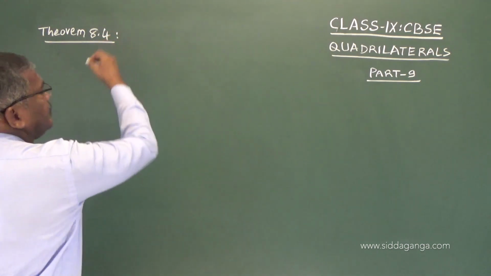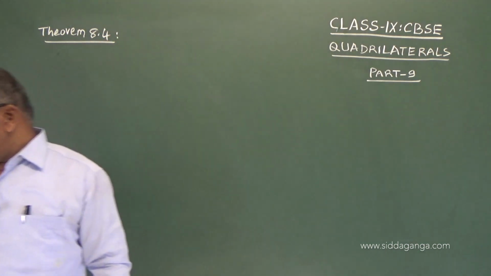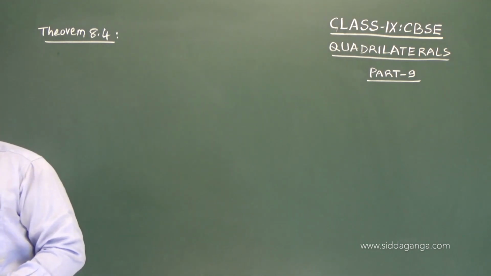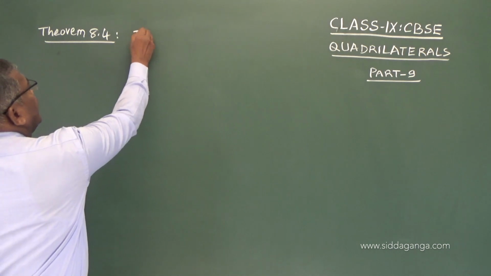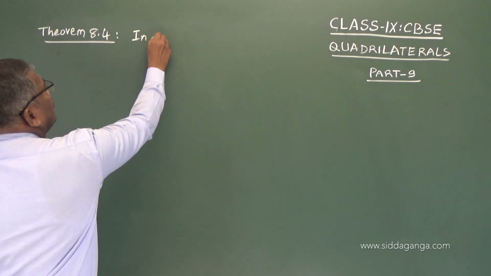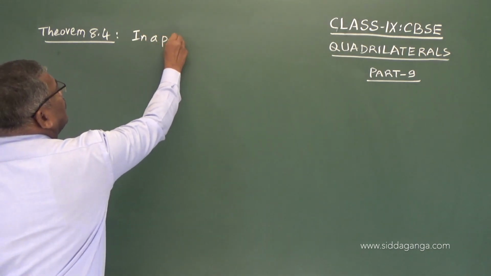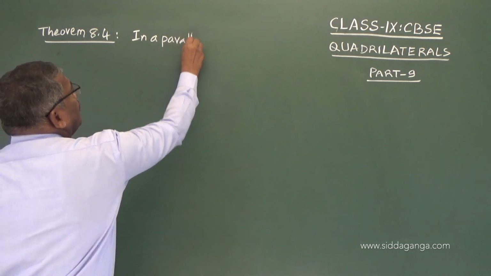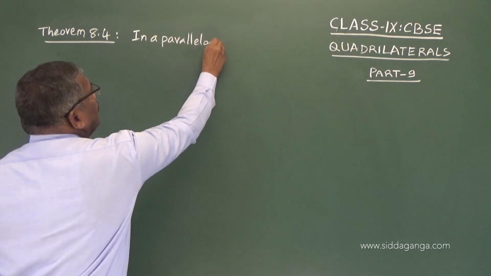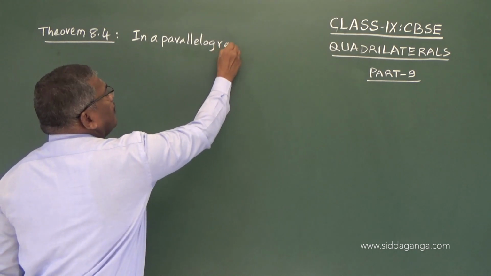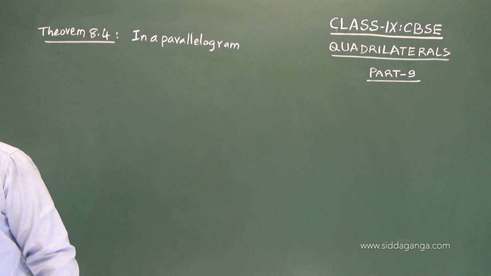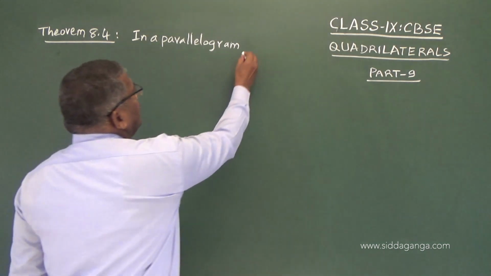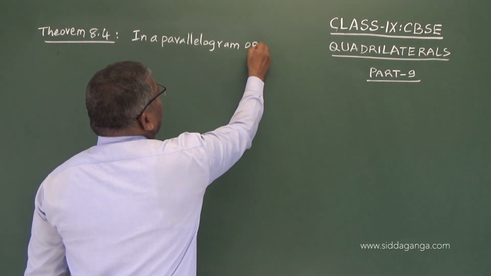The statement of the theorem is very simple. It says in a parallelogram, opposite angles are equal.